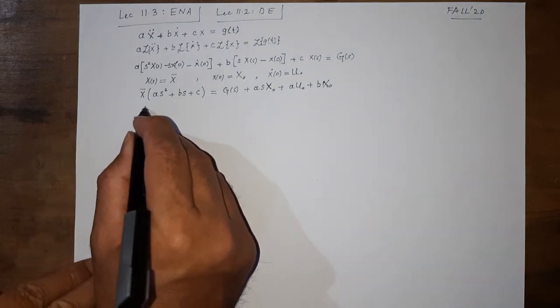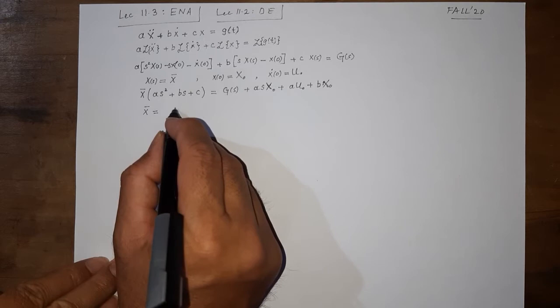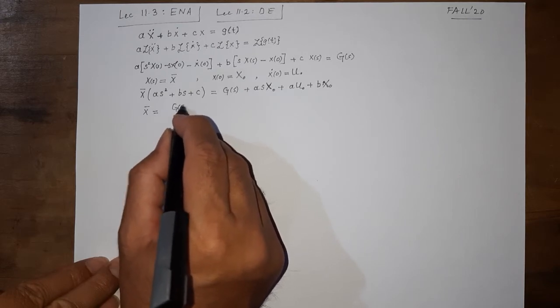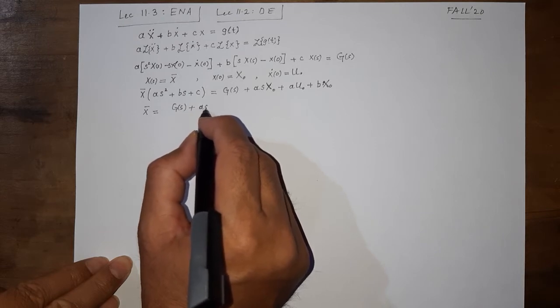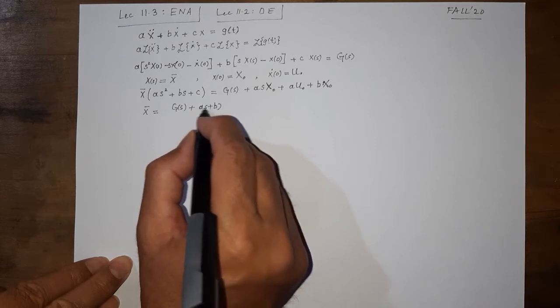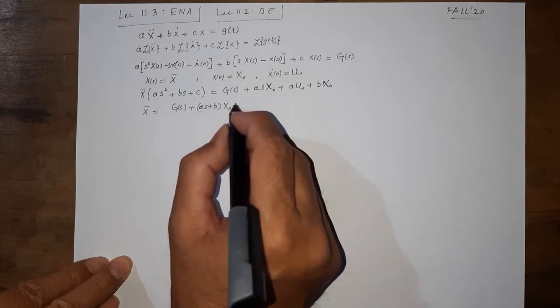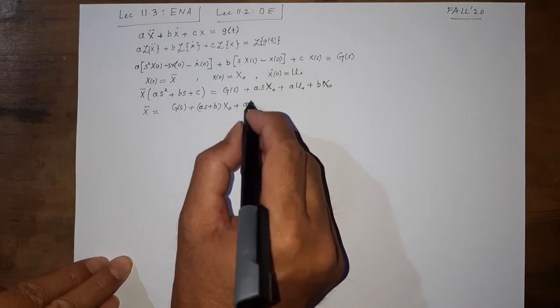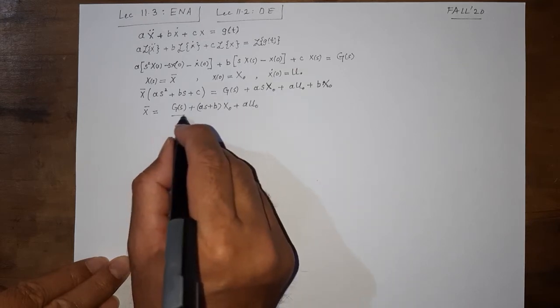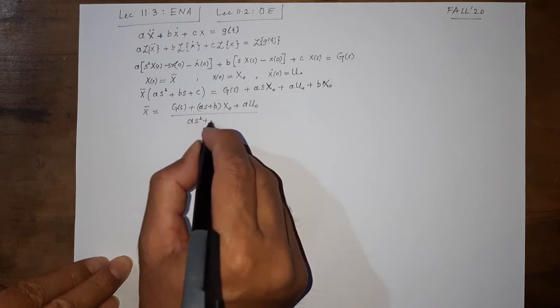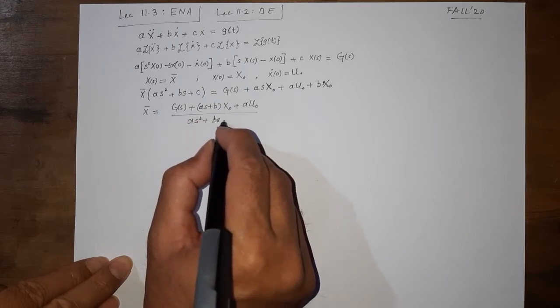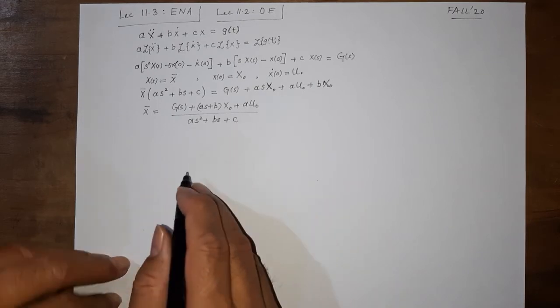So x of s is g of s plus as plus b x naught plus a u naught divided by as square plus bs plus c.